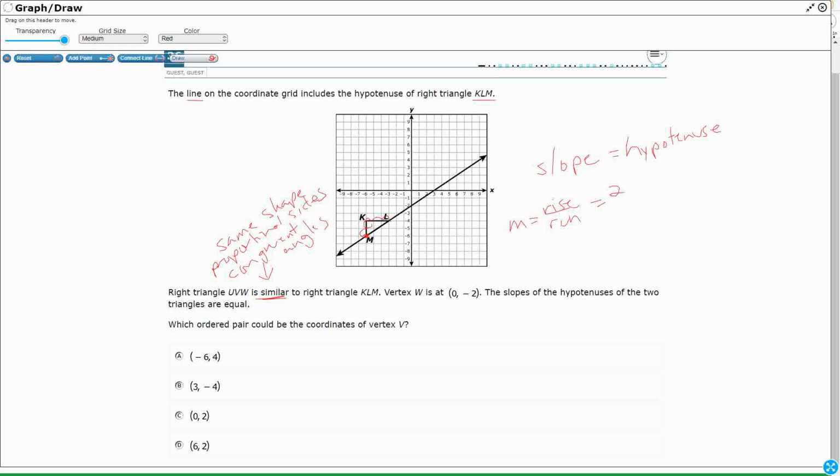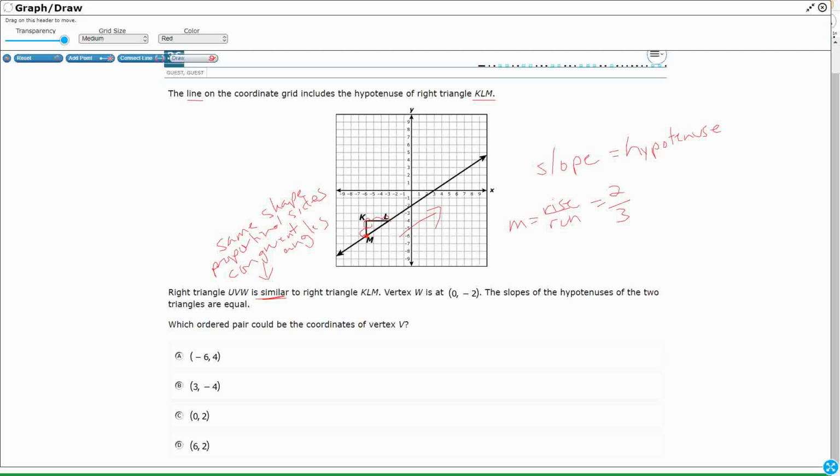All right, so it looks like I've got a slope of 2/3. It is going to be positive because it's moving up from left to right. So I have a slope of 2/3, which means any right triangle that I put anywhere is also going to have a slope of 2/3.